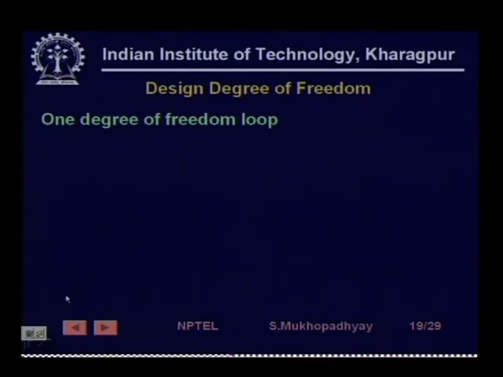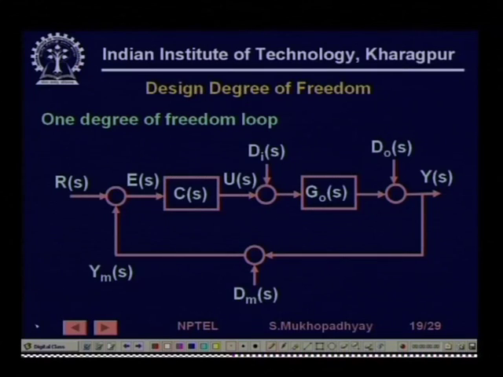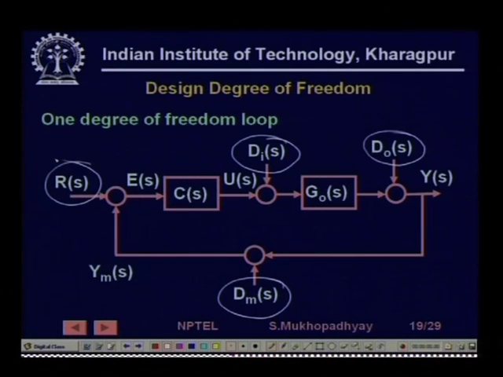Similarly, the typical control loop that we consider actually has 1 degree of freedom. This is very important to understand. This is a typical control loop in which several disturbances may be acting, as well as Rs. Let us for the time being forget about the other disturbances and consider only this one. What do we want?